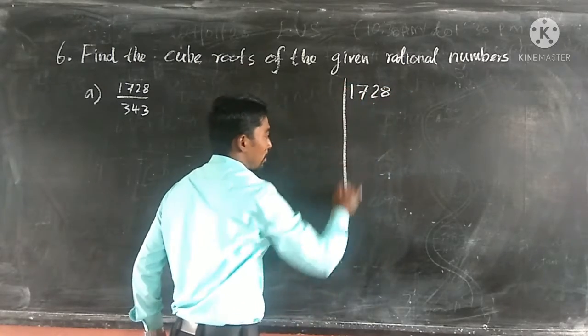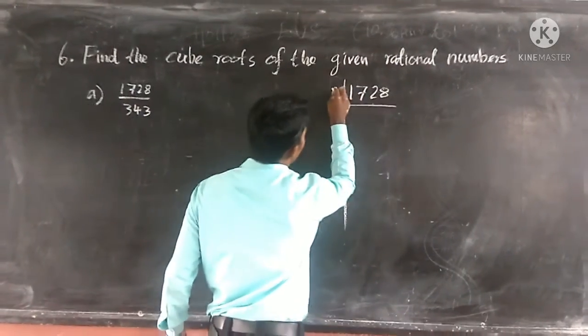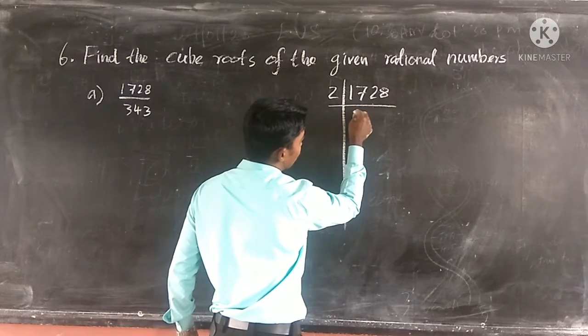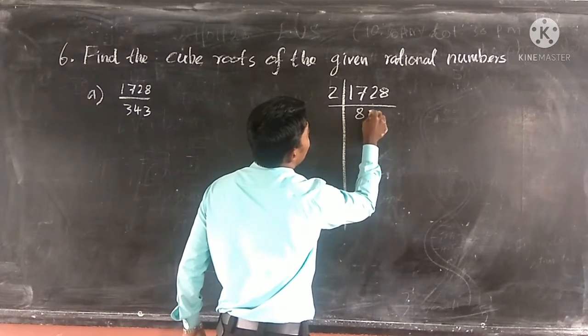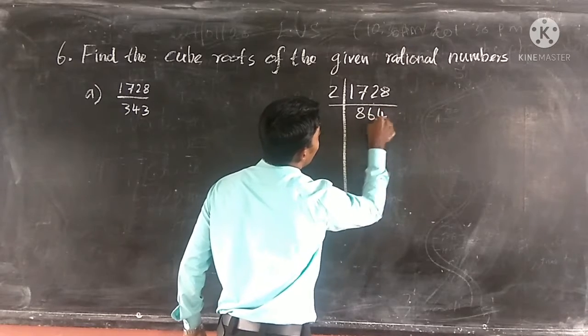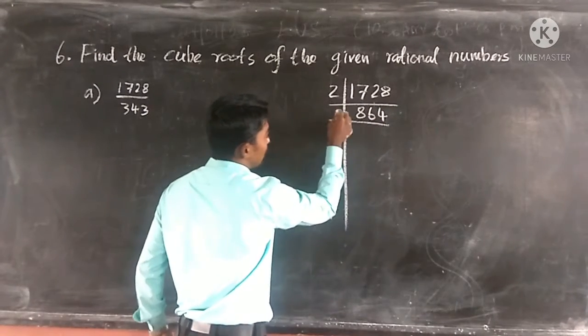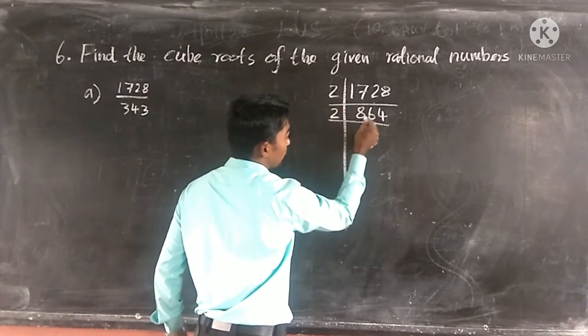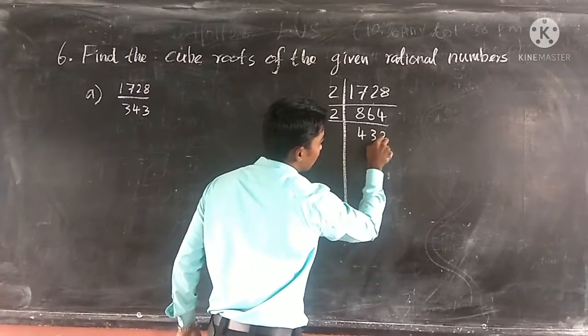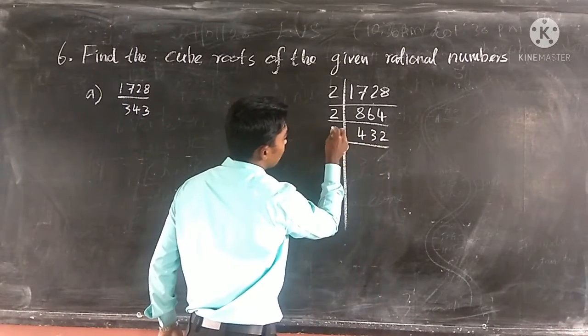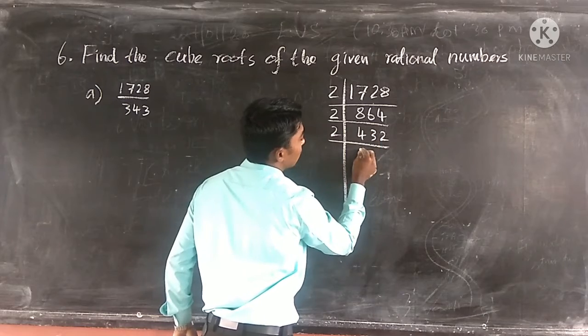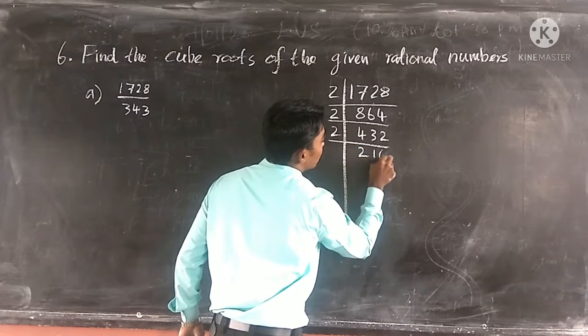1728 we can factorize by 2. We will get 864. We can divide this number by 2, we will get 432. We can divide this number by 2, we will get 216.